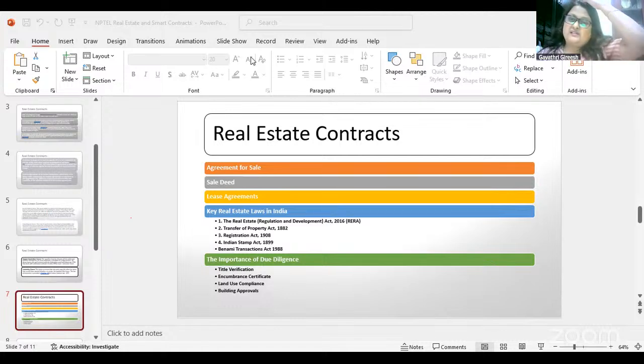I just wanted to make that a passing comment on real estate law in India. But the major legislative framework, apart from RERA, is your Transfer of Property Act, your Registration Act, and your Indian Stamp Act, where you pay a valid stamp duty to the government and say proudly that yes, I'm the owner of this land, I have paid my duty.